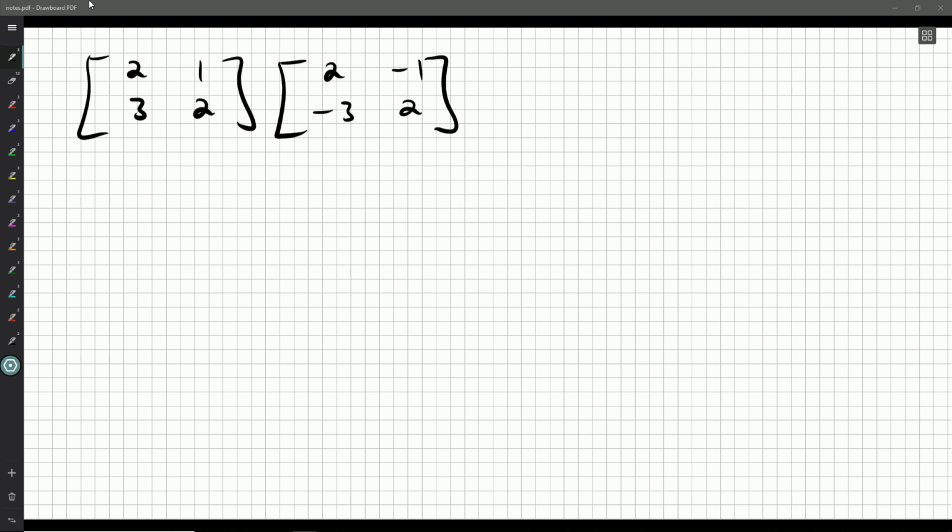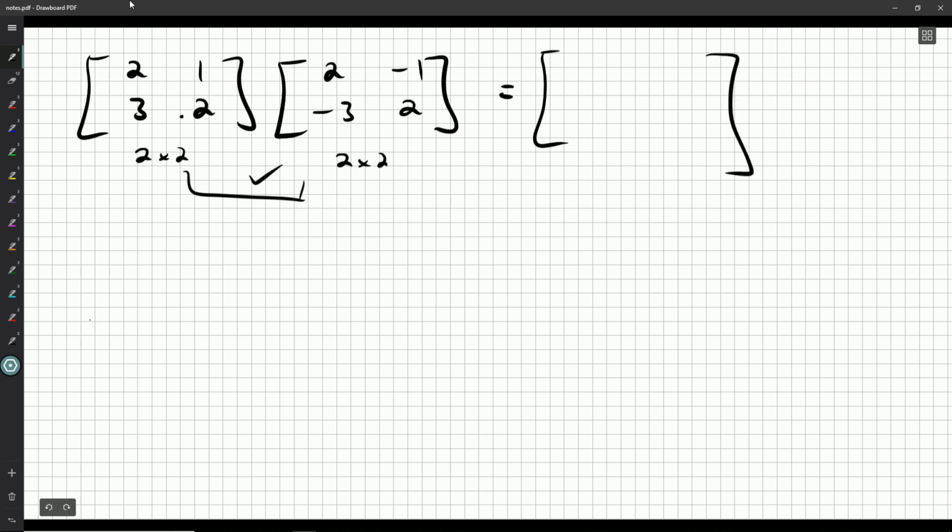So what are we going to do? Well, first, dimensions. We've got a 2 by 2 matrix here and a 2 by 2 matrix here. So, yes, they can multiply. At this point, we've seen matrix multiplication so many times that we probably didn't really need to write those out. But if you do, that's okay.